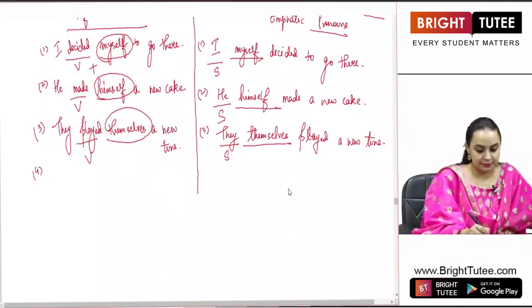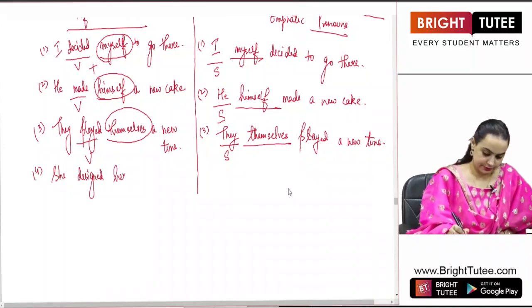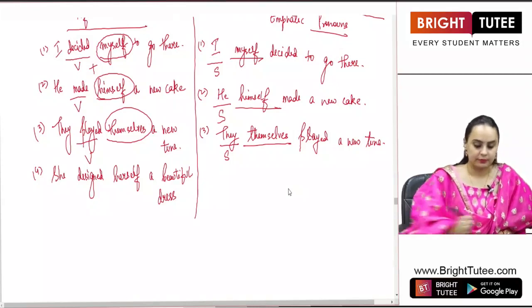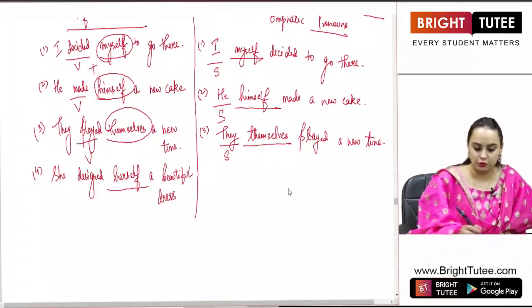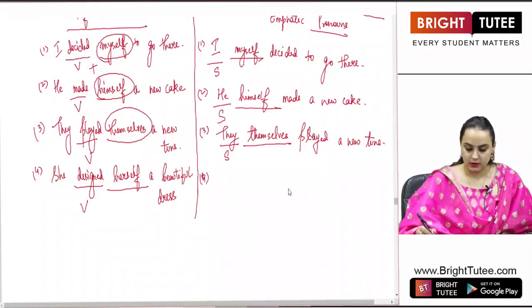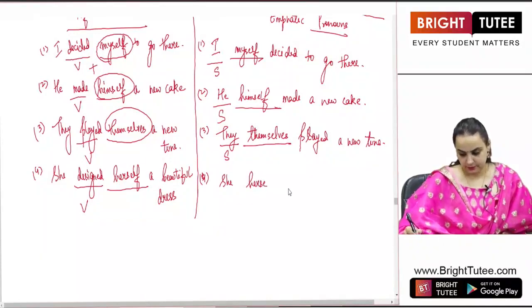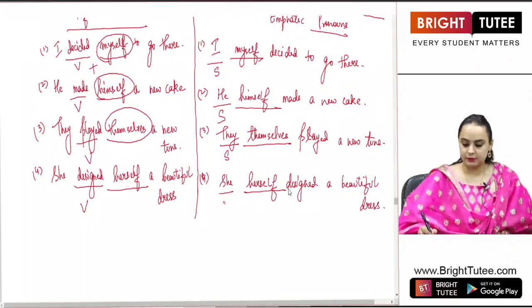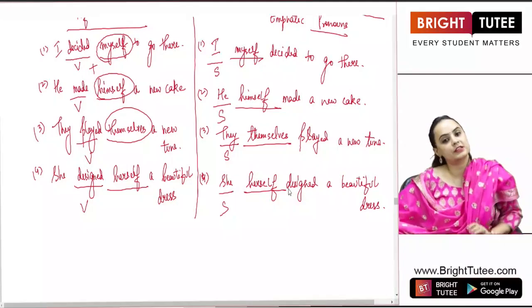If I give you another example, she designed herself a beautiful dress. Reflexive pronoun because the pronoun is preceded by a verb. She herself designed a beautiful dress. Here it is preceded by a subject, so an emphatic pronoun.